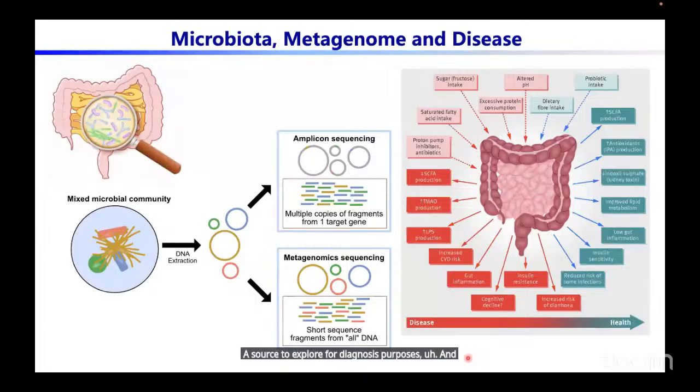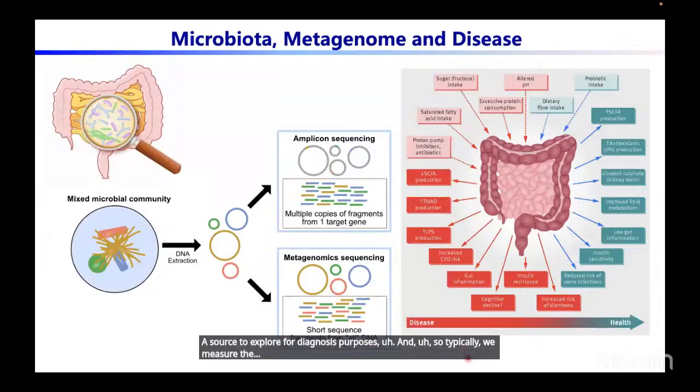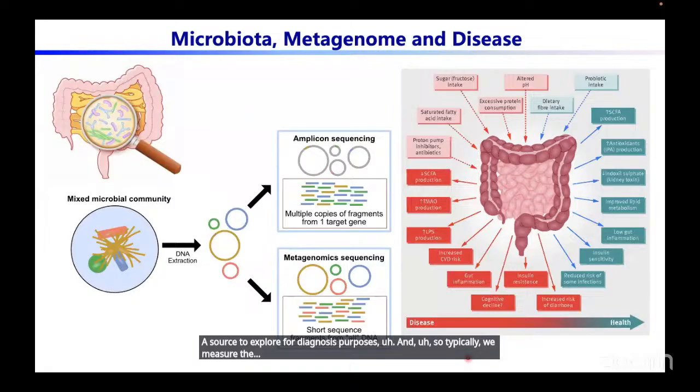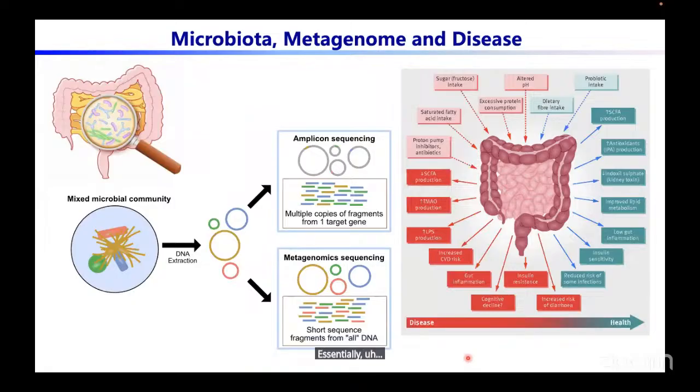So typically we measure the abundance of the microbes in the microbiota. There are multiple microbes, so obviously we have the abundance of multiple microbes.